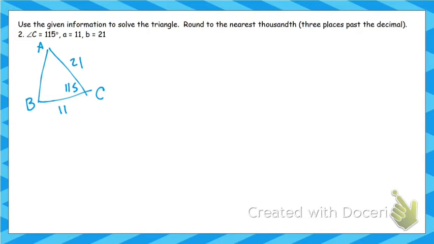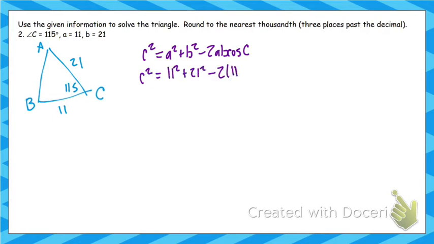You will be given one form of the equation for law of cosines. In this case, remember, the angle is across from the side that's by itself in the formula. So C squared equals A squared plus B squared minus 2AB cosine C. So C squared equals 11 squared plus 21 squared minus 2 times 11 times 21 times the cosine of 115.